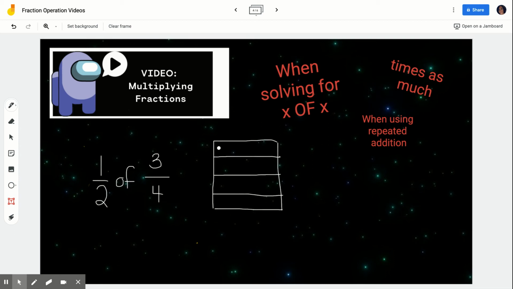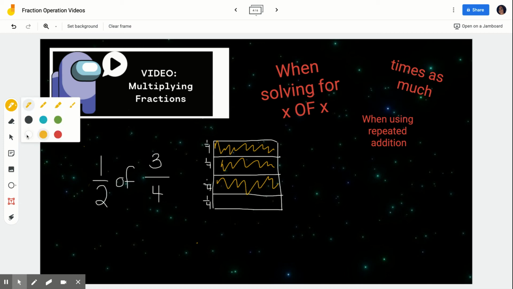If I'm drawing this model, I know that this part represents 1/4, and this part represents 1/4, and this part represents 1/4, and this part represents 1/4. Sorry, I'm not very skilled at writing really small on this thing. So this represents, once I color it in, 3/4. So we've got 1/4, 2/4, and 3/4 shaded.